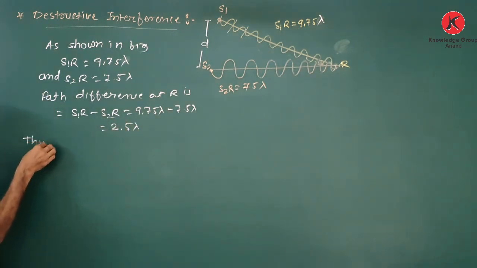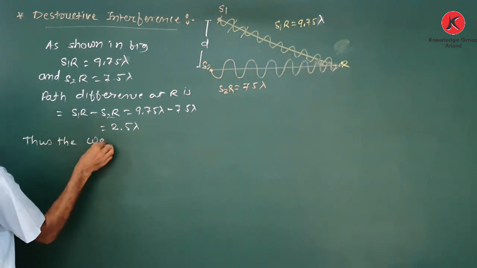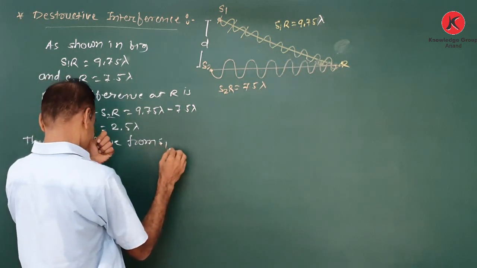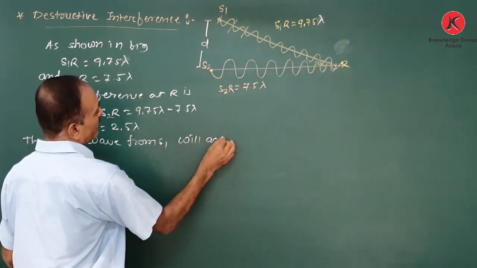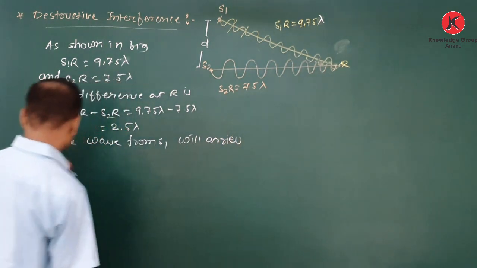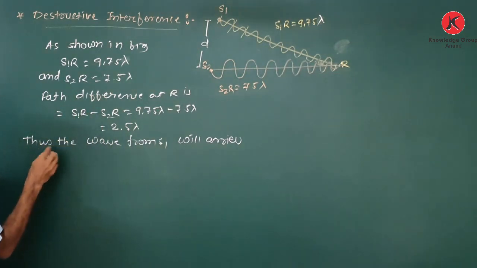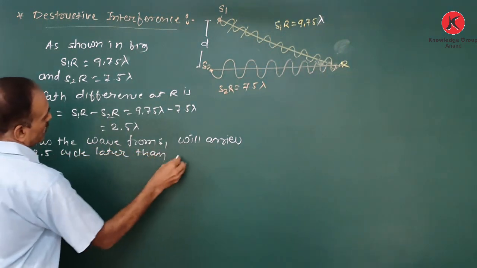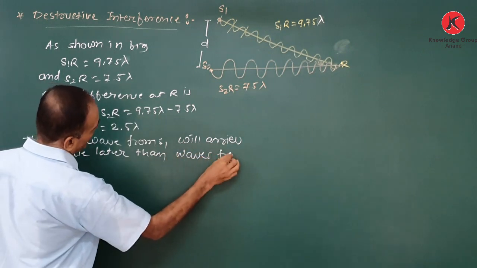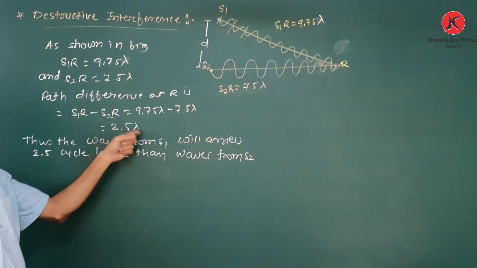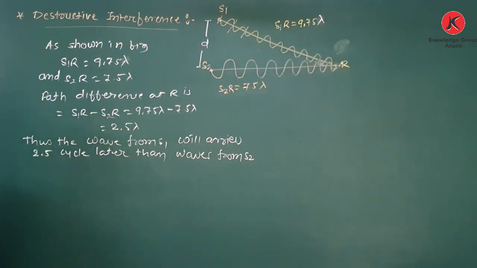Thus, the wave from S1 will arrive 2.5 cycles later than the wave from S2. Therefore, the path difference between them is 2.5 lambda. Clear?